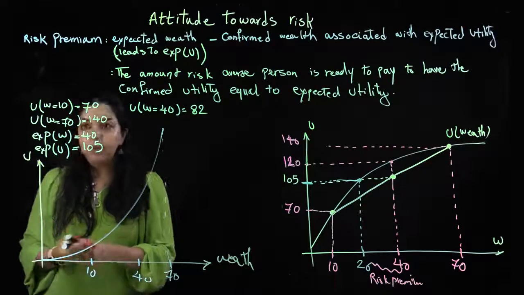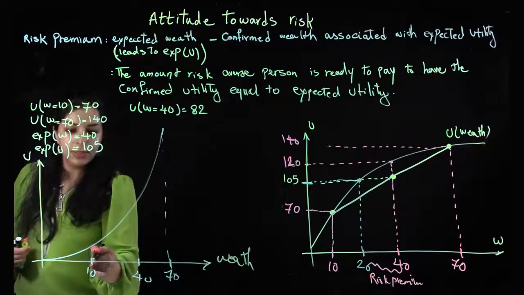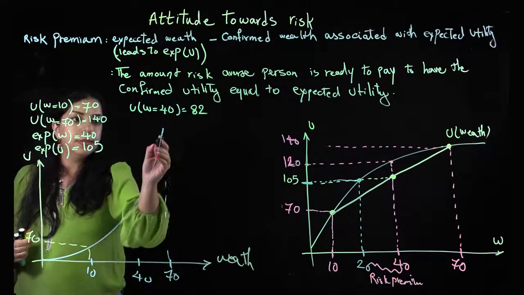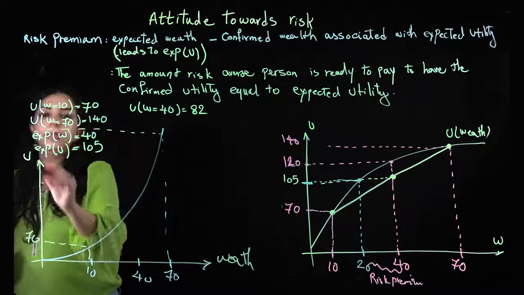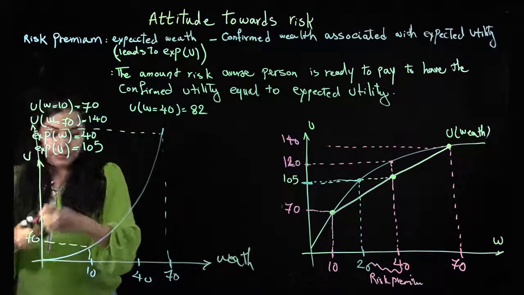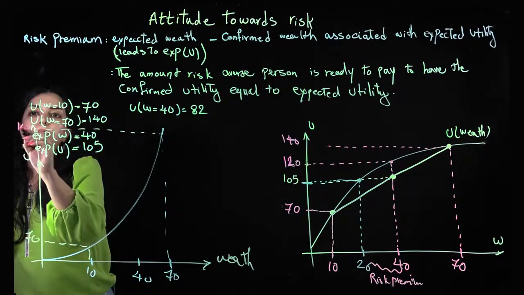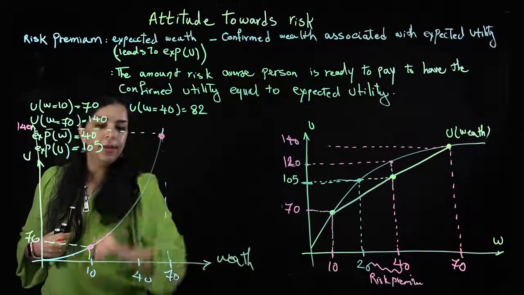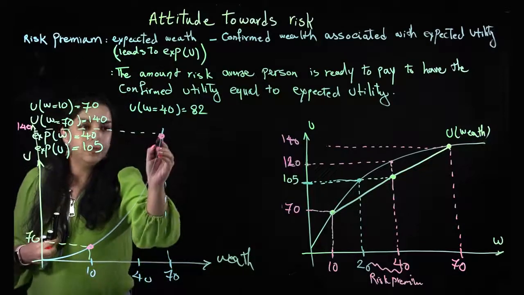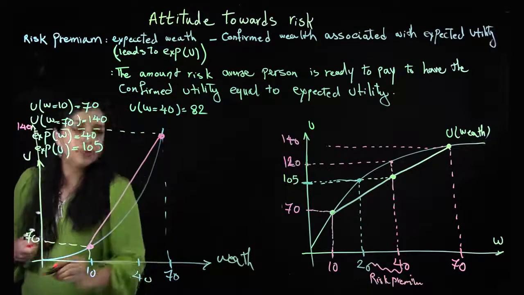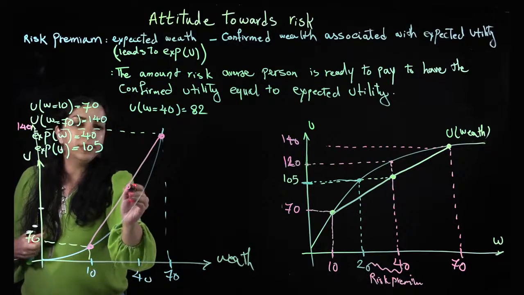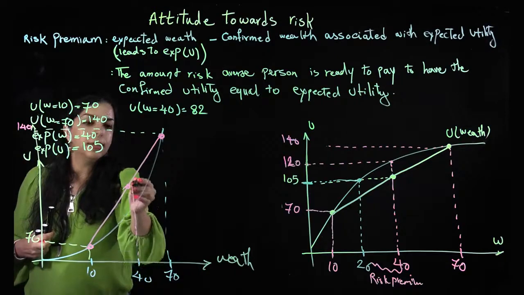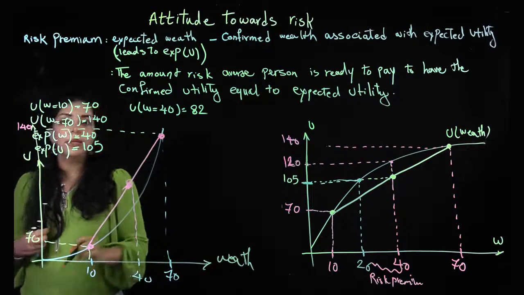With 10, the utility is equal to 70, and with 70, let's say it is here, the value is equal to 140. When we draw a line between these two, in between is going to be the expected wealth. So the expected wealth is equal to 40, exactly like here.